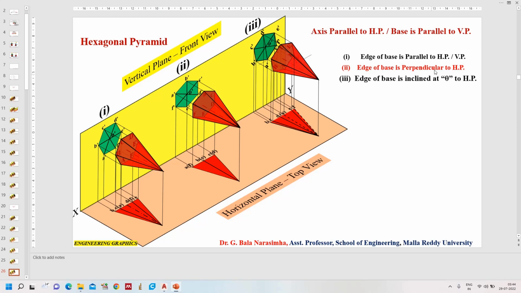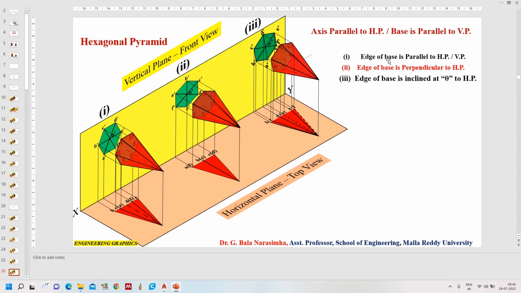And also you can see one more condition: the base of the pyramid is parallel to the vertical plane, and when the observer views from this direction, the front view falls on the vertical plane, and the top view falls on the horizontal plane.